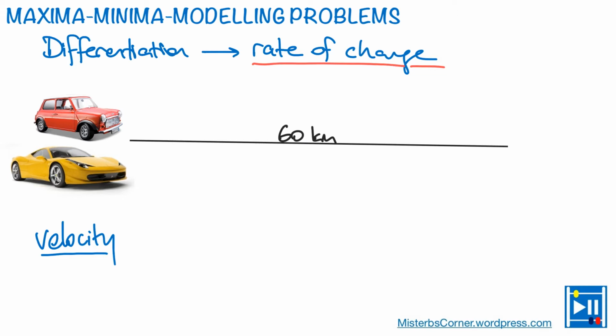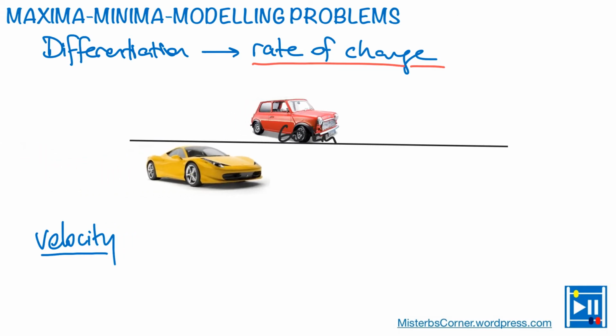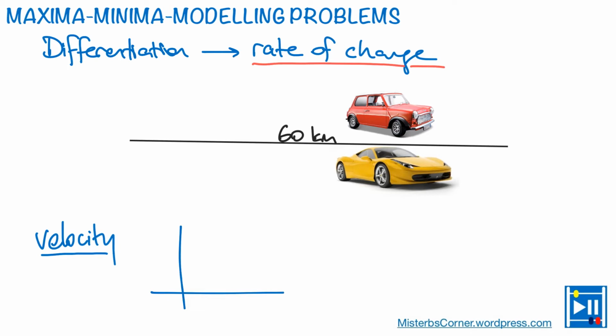Now, let's consider this example. Suppose that this car starts from here. When the Ferrari starts, it hurries up, so it goes really fast, which means in terms of velocity, if we have a graph, its velocity goes really high as a function. Let's say this graph is an increasing function.